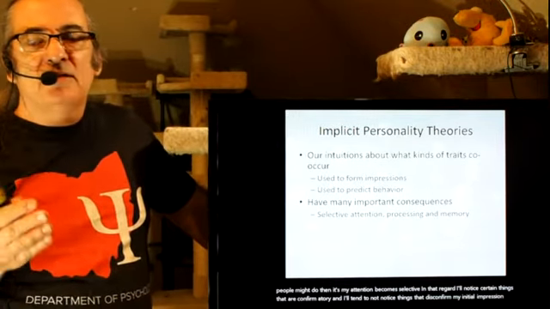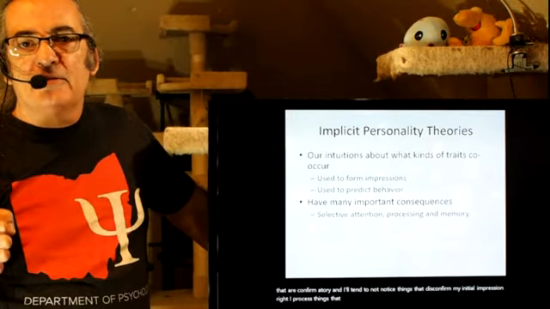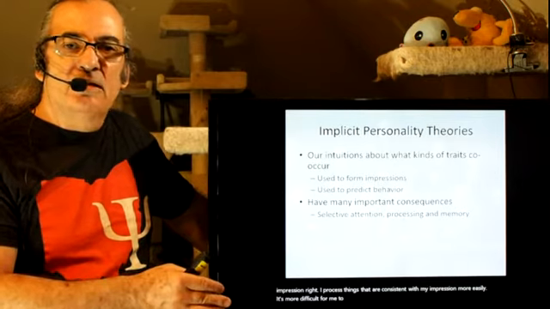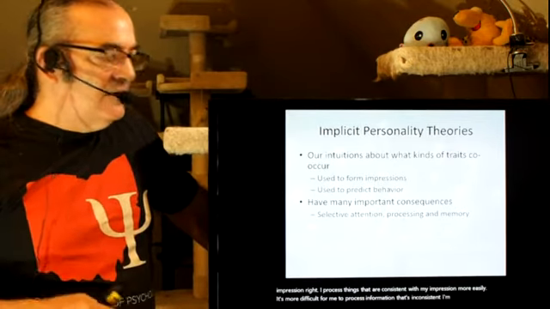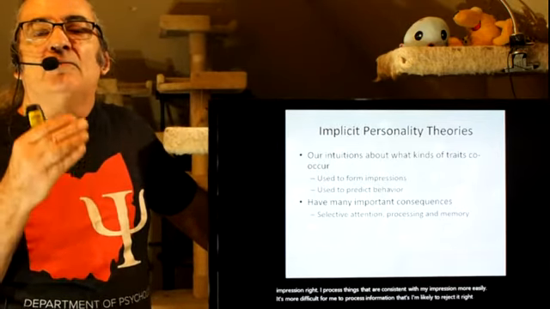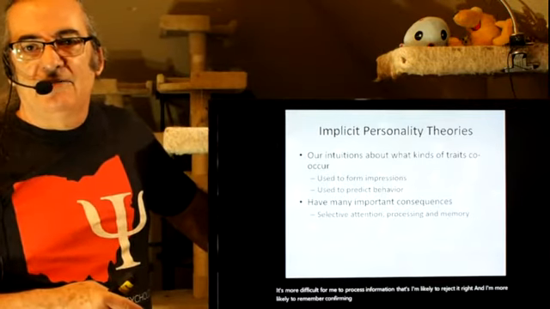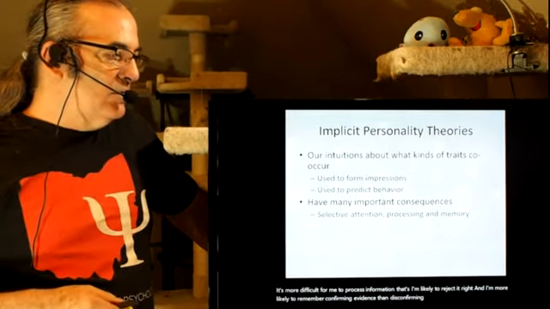I process things that are consistent with my impression more easily, and it's more difficult for me to process information that's inconsistent. I'm likely to reject it, right? And I'm more likely to remember confirming evidence than disconfirming evidence. So is this important? Yeah.